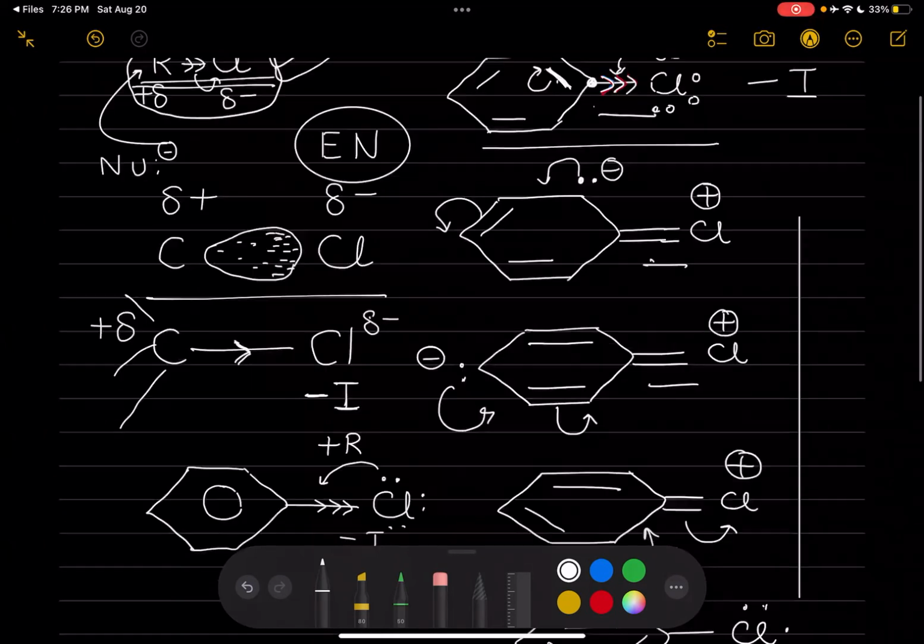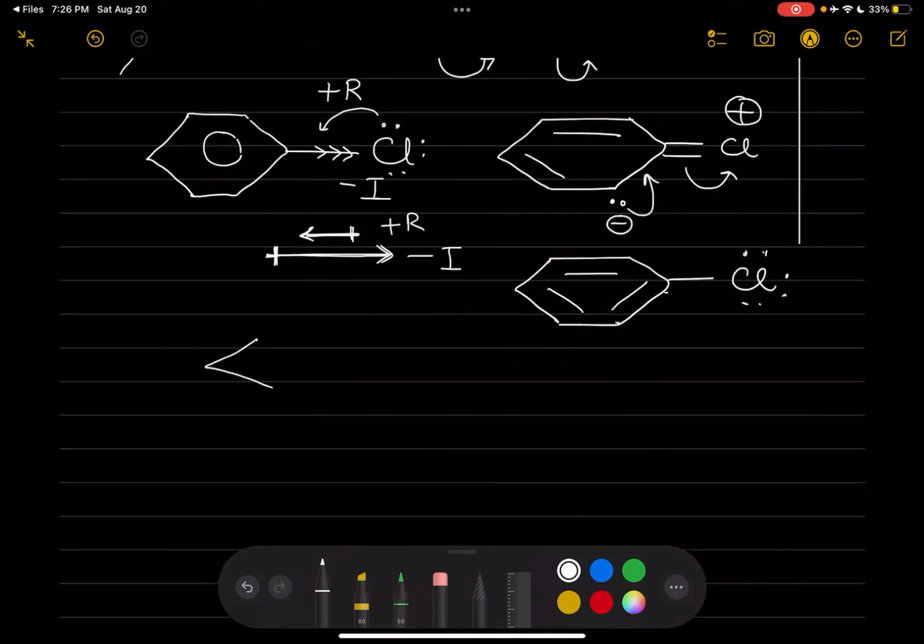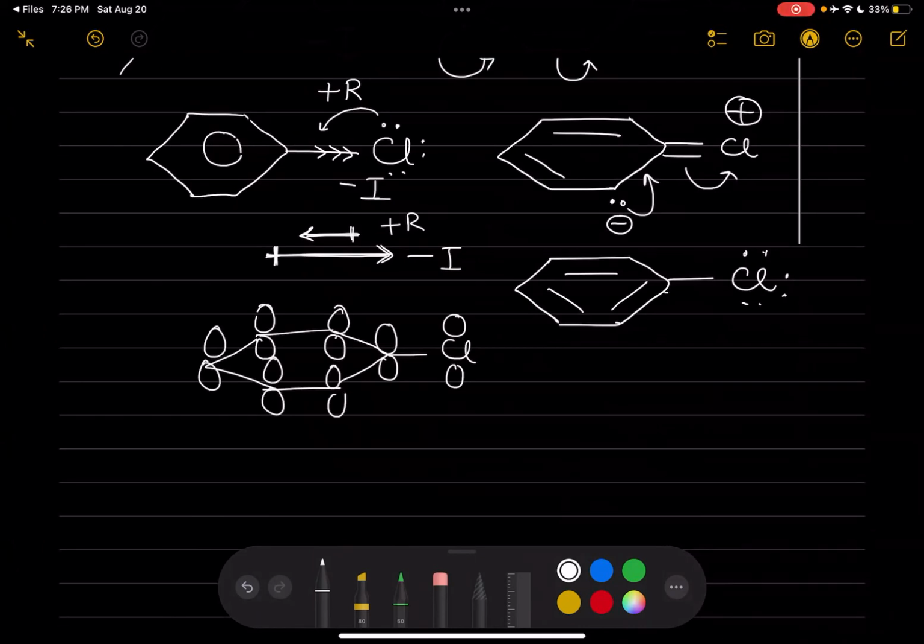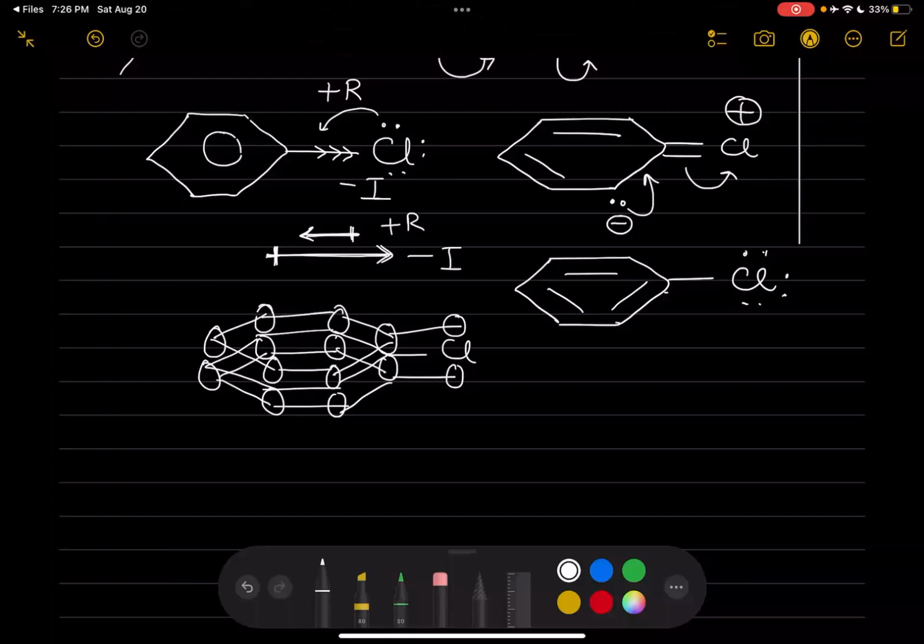And one more thing: if you look at a benzene ring which is connected to Cl, the lone pair and the benzene ring electron density, these orbitals combine together, so that the electrons of the Cl and the benzene ring can move more freely, and this creates an electron density above and below the ring.